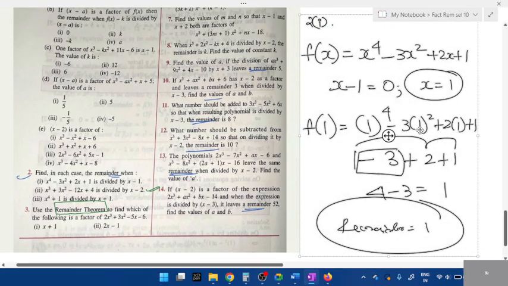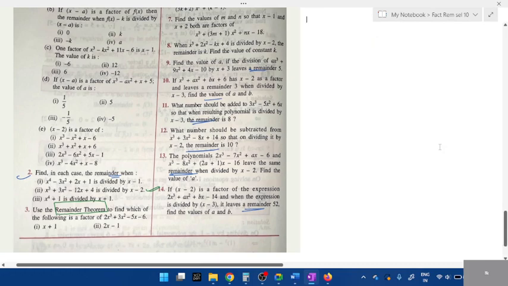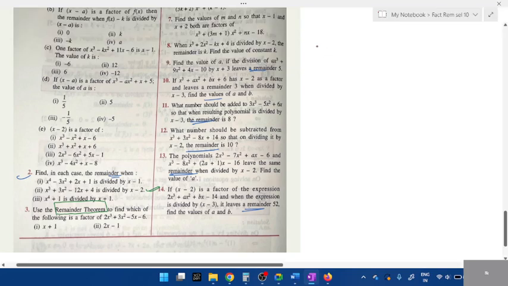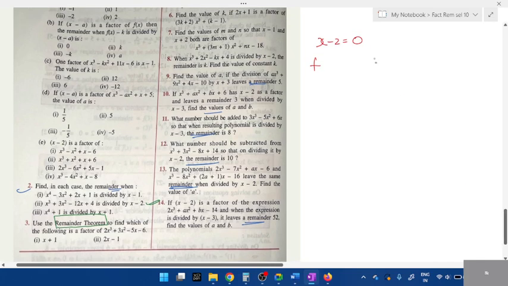All of you got 0? Okay, let me quickly solve this. So x minus 2 is given, students. x minus 2 is 0. What is the x value then? x is equal to 2. So if I substitute 2, see, this is how you have to write the question.